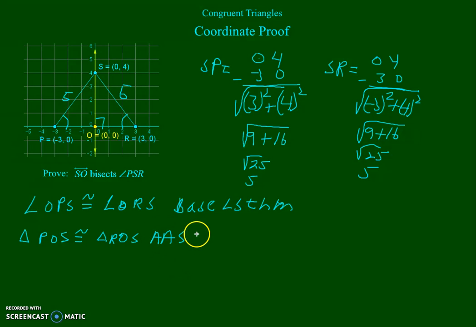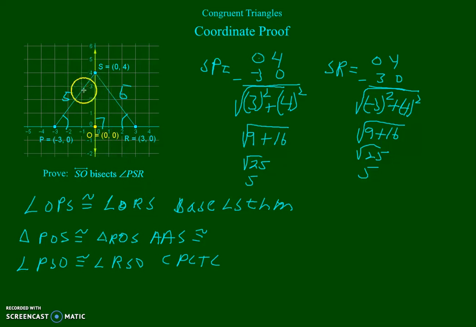Now I know that angle PSO is congruent to angle RSO because of CPCTC. Corresponding parts of congruent triangles are congruent.